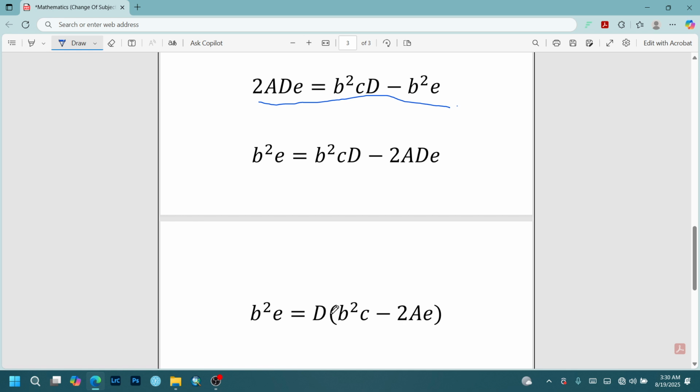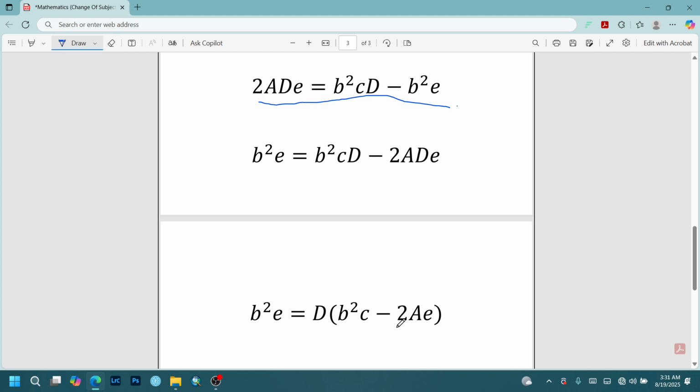So d is dependent on b squared c minus 2ae. In order for d to become independent, we have to do some cancellation. So we have to cancel out the bracket, b squared c minus 2ae, right?